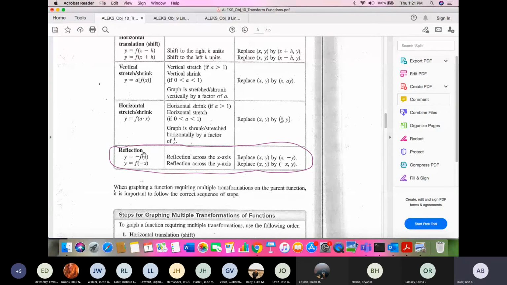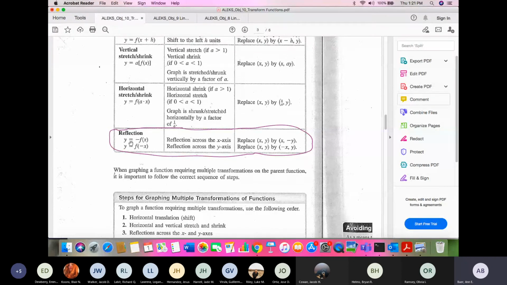There are two places where the negative sign could be when we're talking about a reflection. It could be out in front of y, or it could be directly in front of x. Here, the negative sign is directly in front of y. Here, it's directly in front of x.